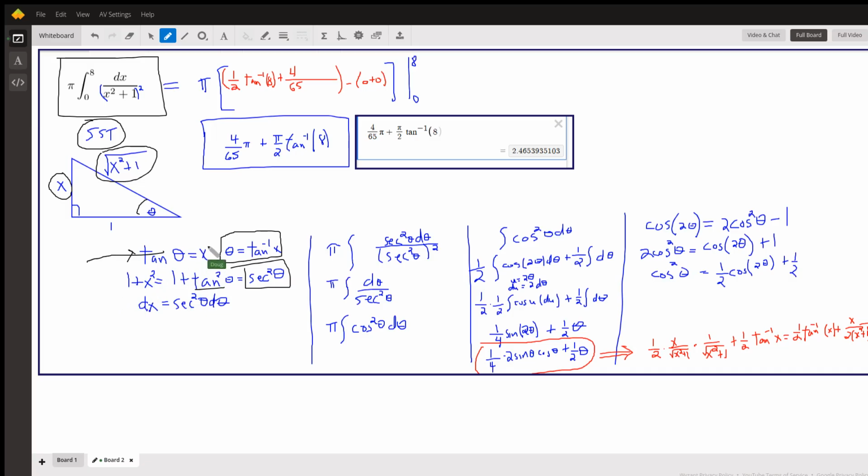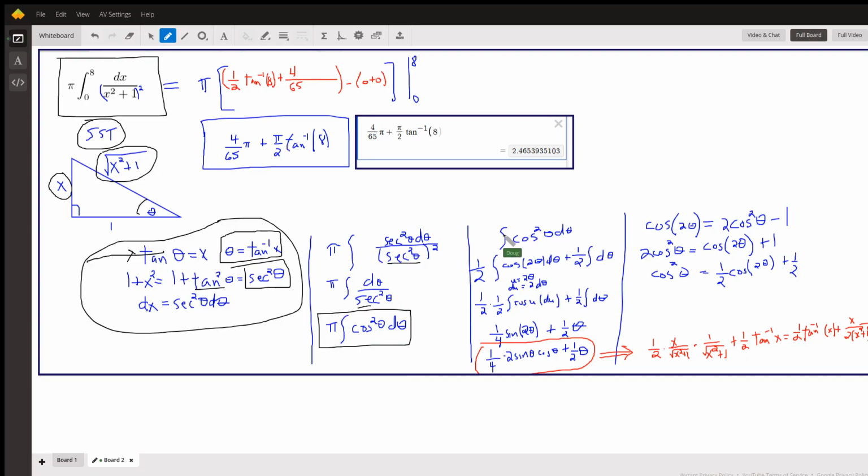So we're ready to substitute all of this into the original integral. dx is secant squared theta d theta. 1 plus x squared is secant squared, quantity squared. One of the secant squareds cancels out. And then 1 over secant squared is the same as cosine squared. So this is what we want to evaluate.